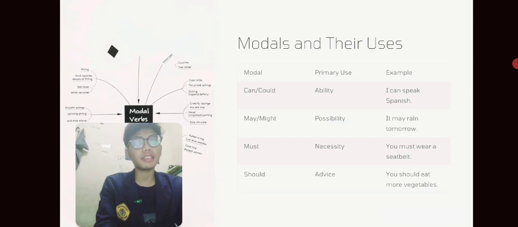When expressing necessity, we use must, such as you must wear a seat belt. And for advice, you use should, like you should eat more vegetables. This chart will be helpful for quick reference. Write it in your book.